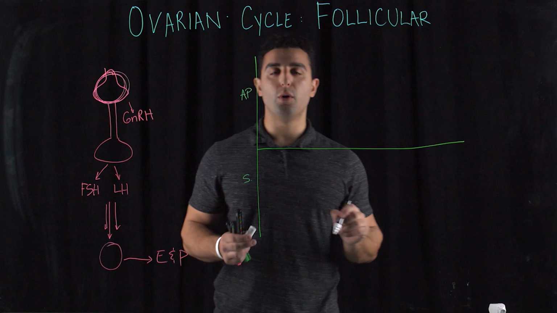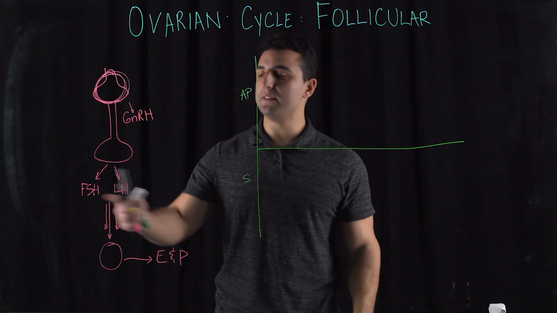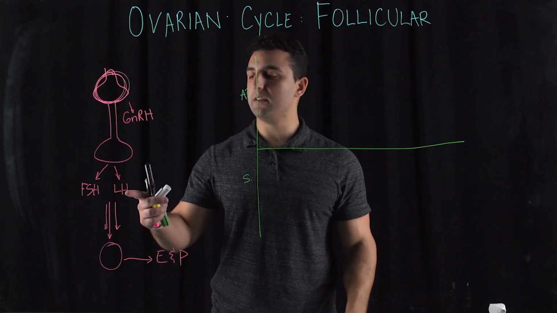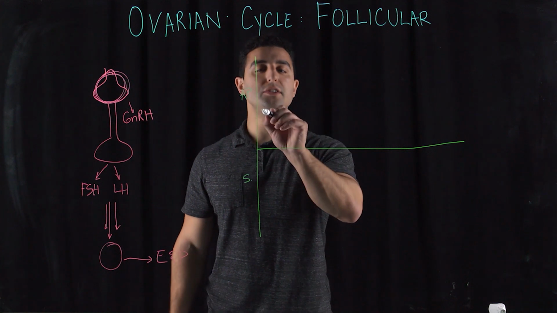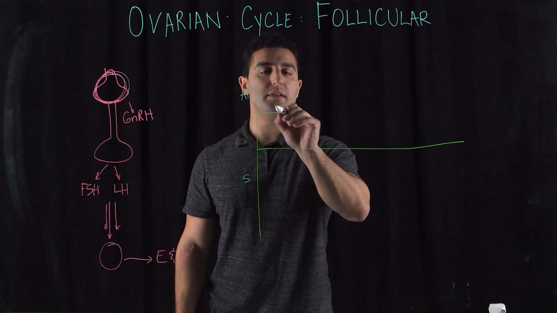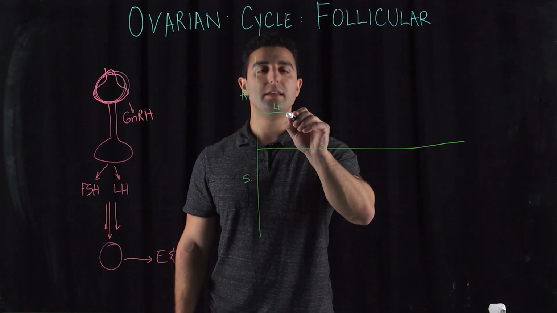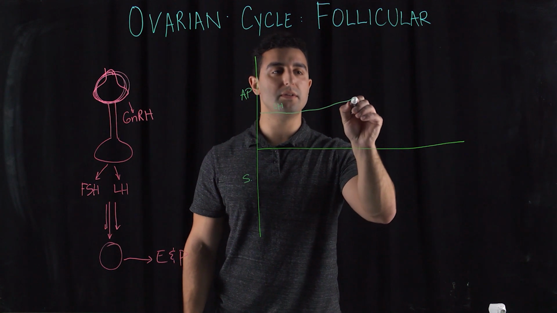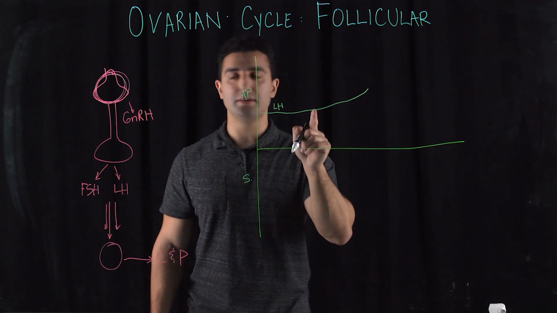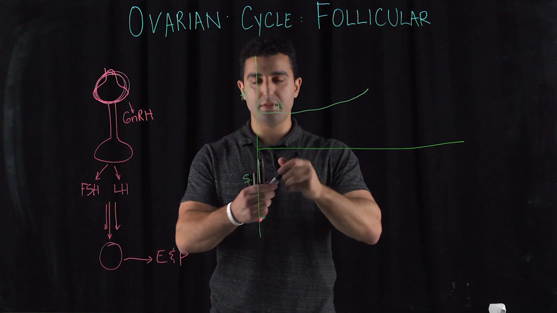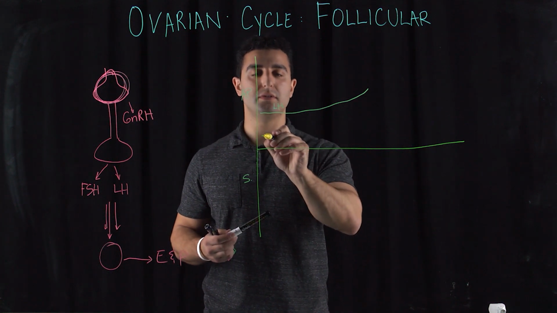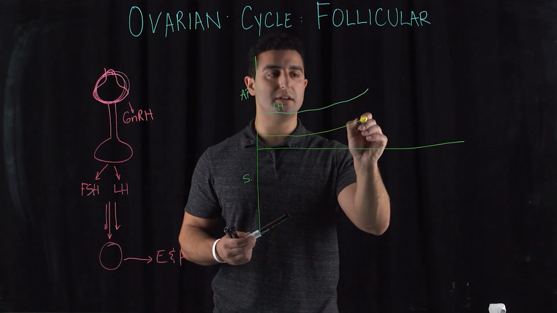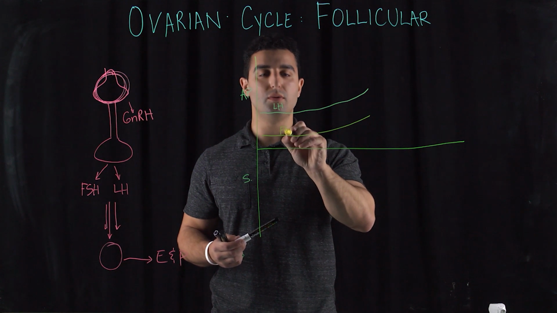So you have two hormones from the anterior pituitary. One is FSH, follicular stimulating hormone, and the other is luteinizing hormone, right? You notice that if I look at luteinizing hormone, there's a gradual increase that takes place during this time, as well as the same thing for FSH. So there's a gradual increase in concentration of these two hormones.